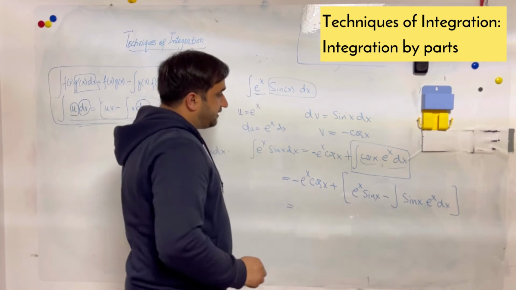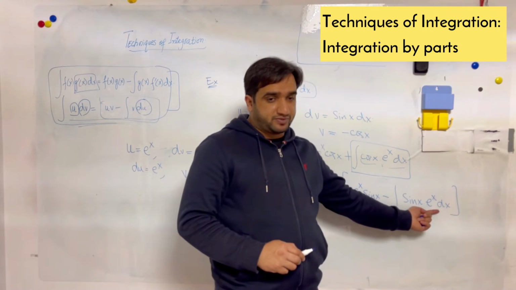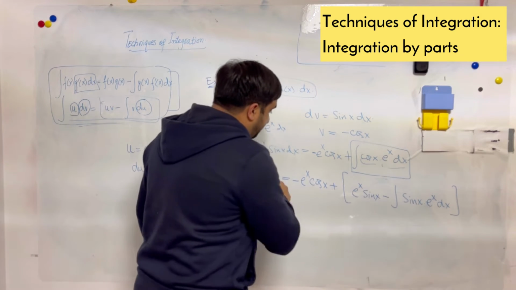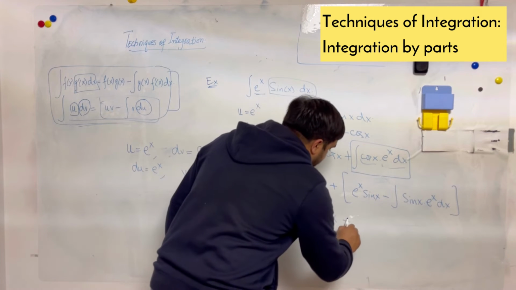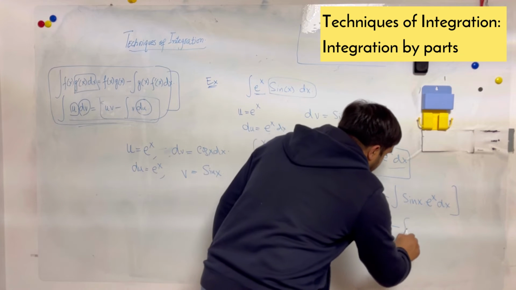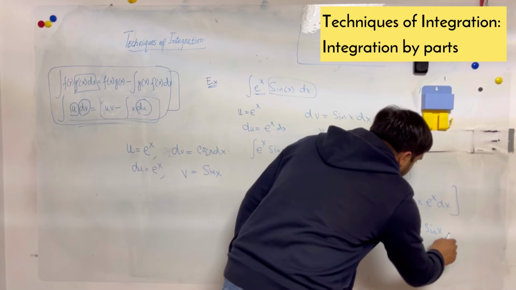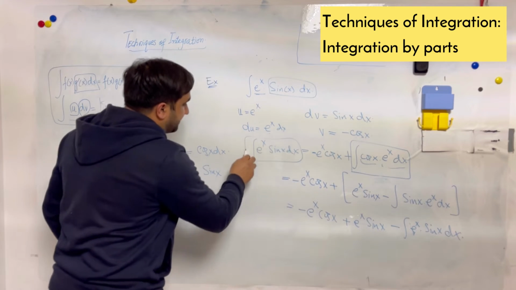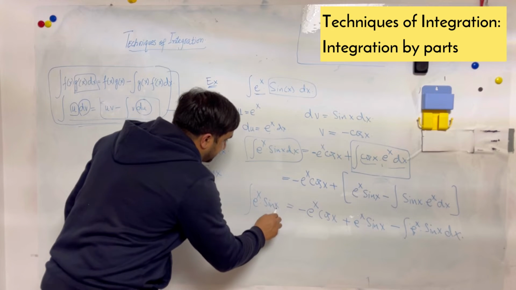Now you see, again we have got one integral which is in the form of a composition of two functions. But let's see, can we simplify it? It becomes minus e power x cos x plus e power x sin x minus the integral of e power x sin x dx, and this whole thing is equal to the left hand side, the integral of e power x sin x dx.